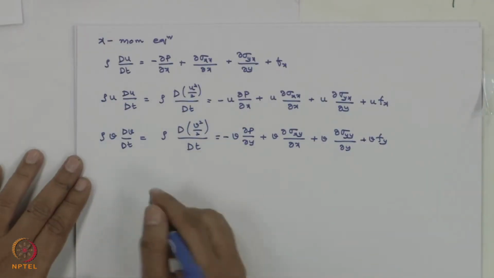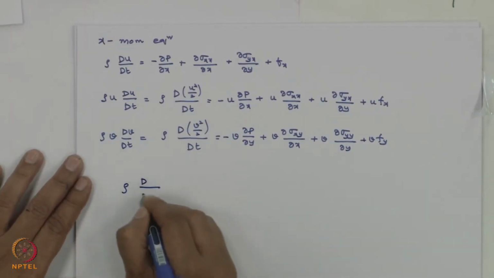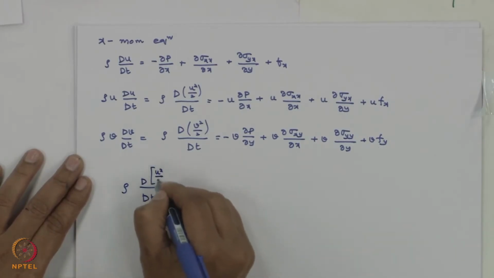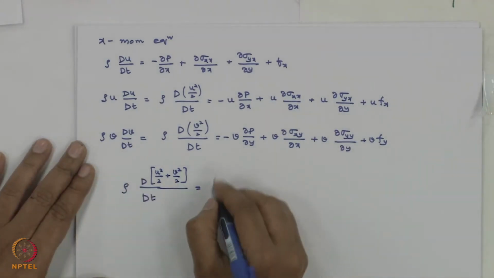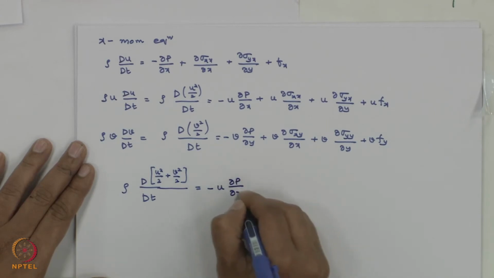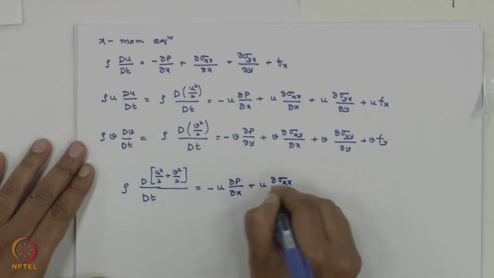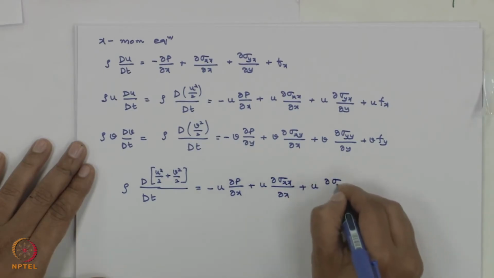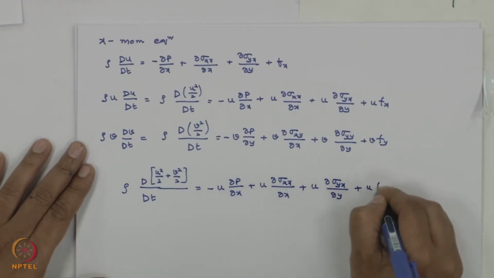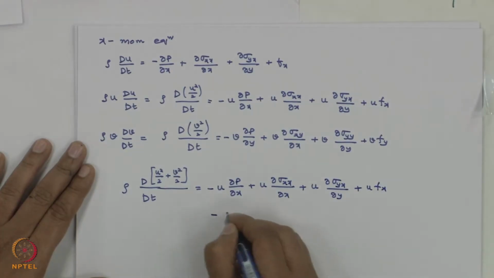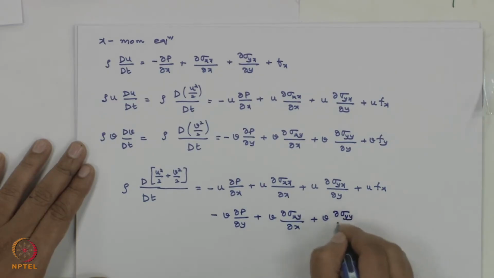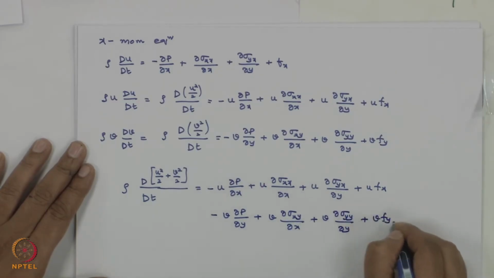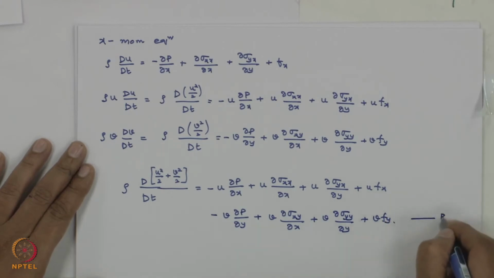So you get rho d by dt of u squared by 2 plus v squared by 2 is equal to, whole of this we have to write: minus u del p by del x plus u del sigma xx by del x plus u del sigma yx by del y plus u fx, plus minus v del p by del y plus v del sigma xy by del x plus v del sigma yy by del y plus v fy. Let me call this equation B.